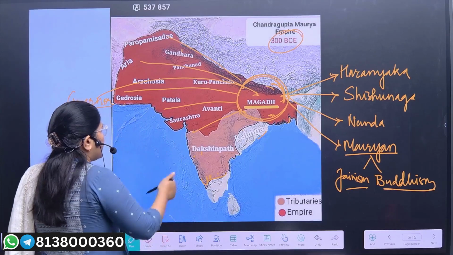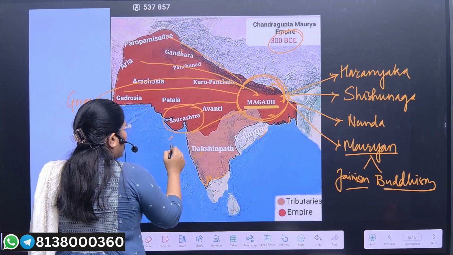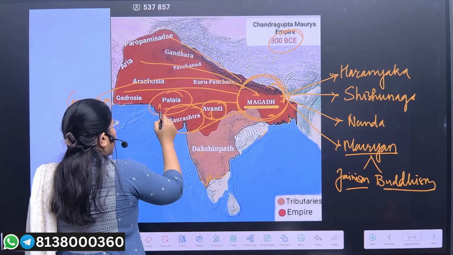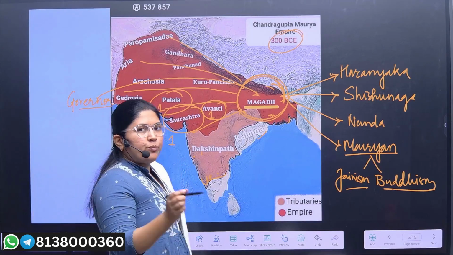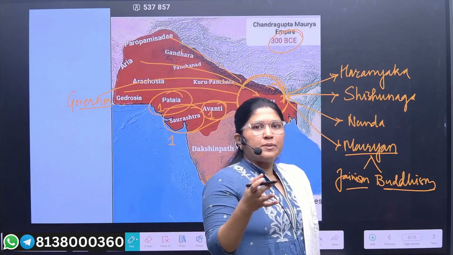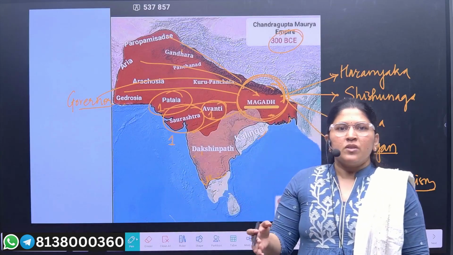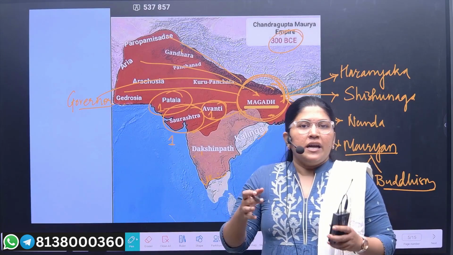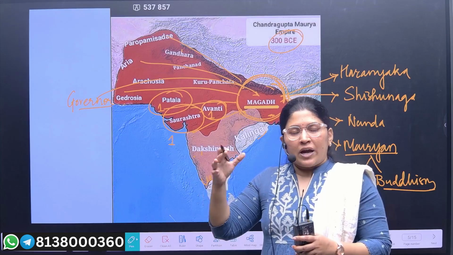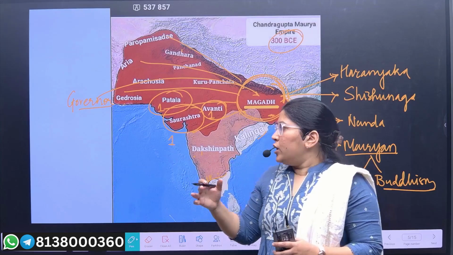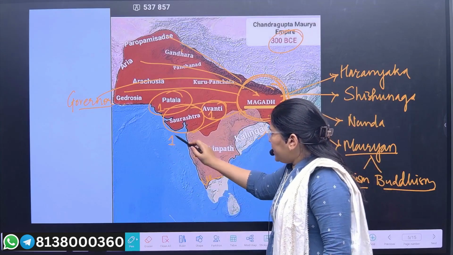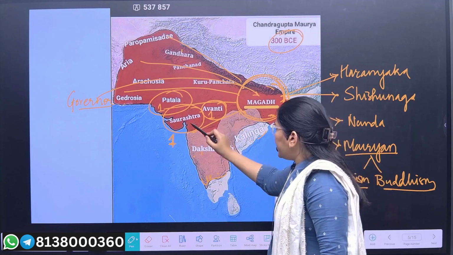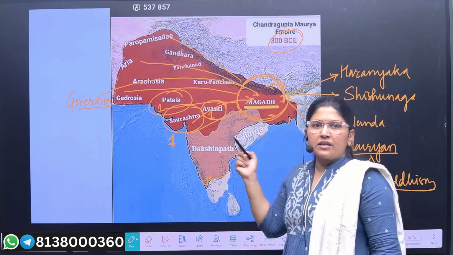For example, Saurashtra would have one governor, Avanti would have one governor, Patala would have one governor, and they would be given a time frame, for example 6 months or 1 year. Now this 1 year is not the present calendar which we are following. It was according to the Hindu calendar. So here, in the 1 year calendar, each and every aspect needs to be reported to the central administration.